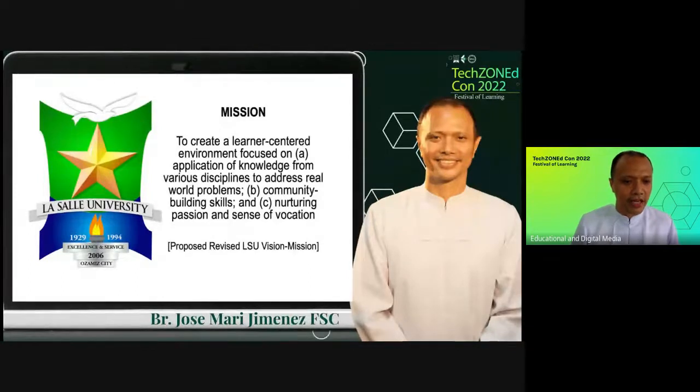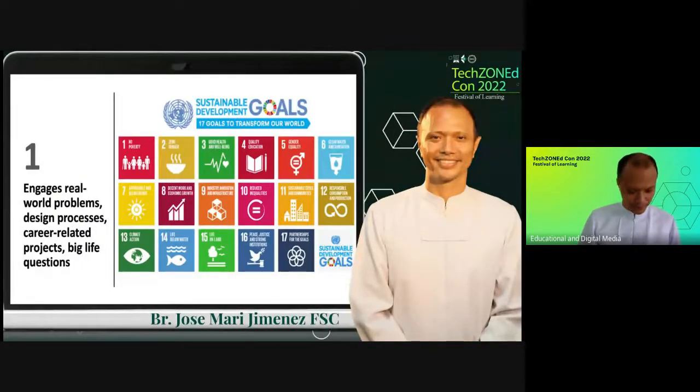The second, a learner-centered environment promotes skills in community building. And number three, a learner-centered environment engages students in their passions, in their authentic desire for learning. I will go through each of the challenges or key features of a learner-centered environment in the next slide. So we'll take the first one, engaging real-world problems.